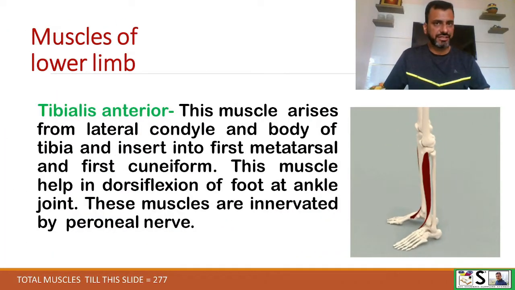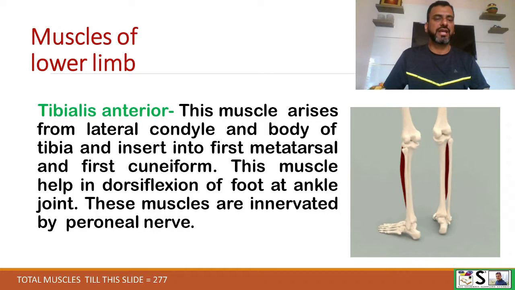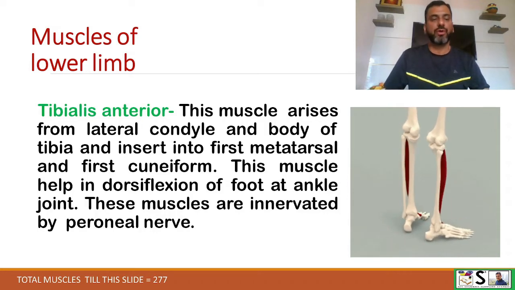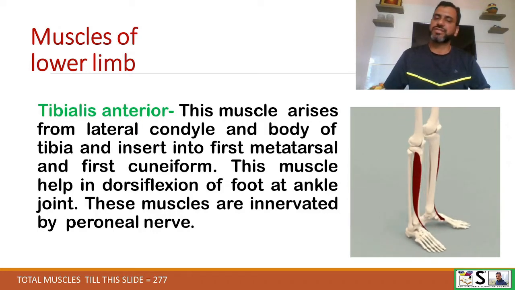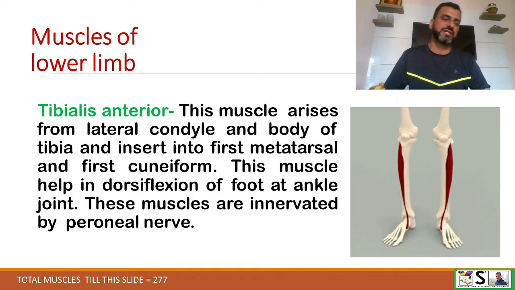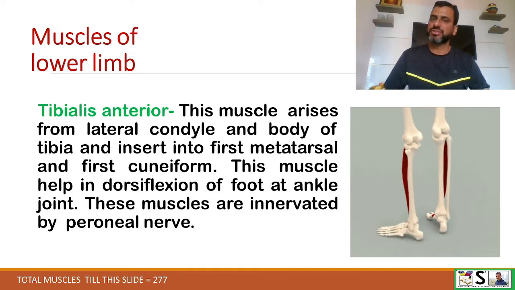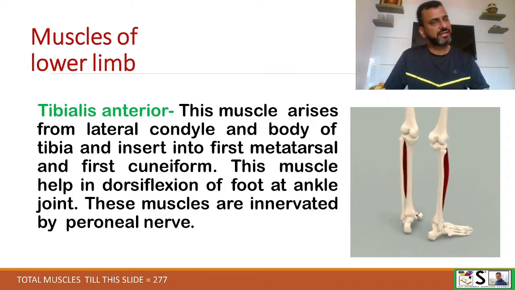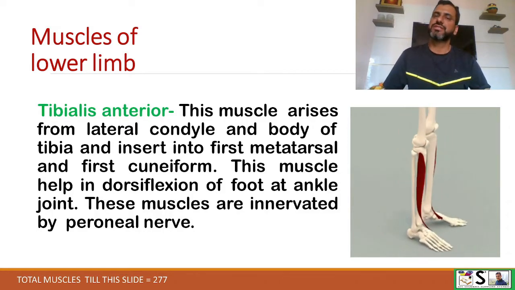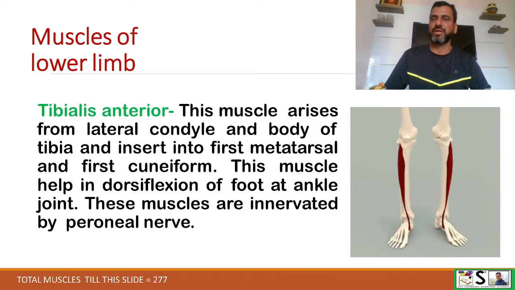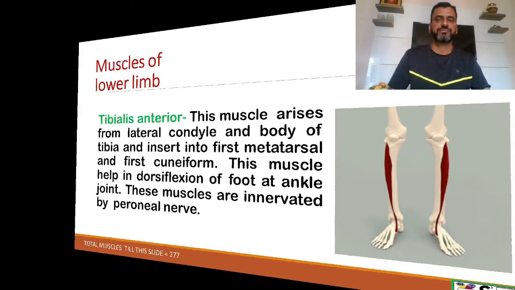Tibialis anterior. This muscle arises from the lateral condyle of body of tibia and inserts into first metatarsal and first cuneiform. This muscle helps in dorsiflexion of the foot at ankle joint. These muscles are innervated by peroneal nerves.